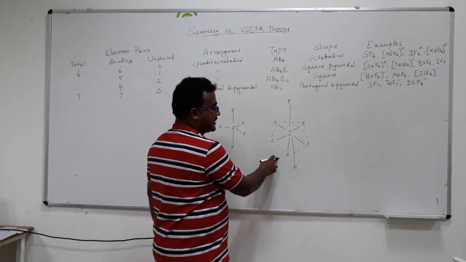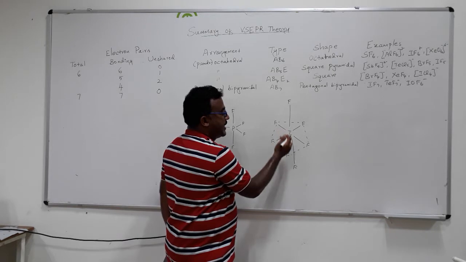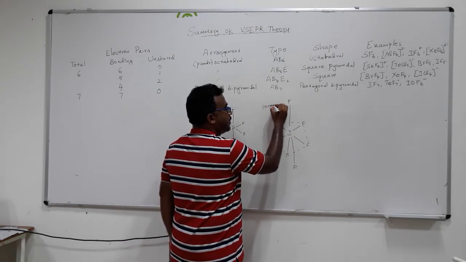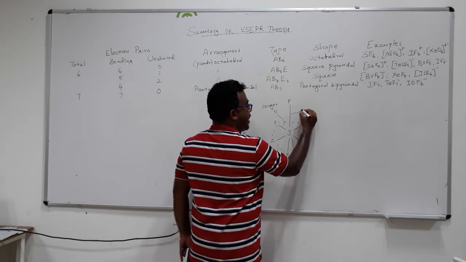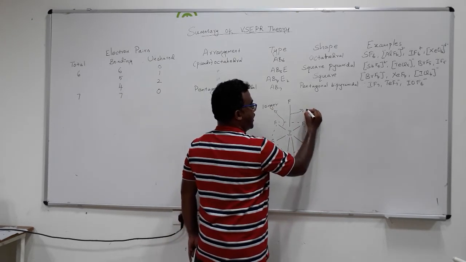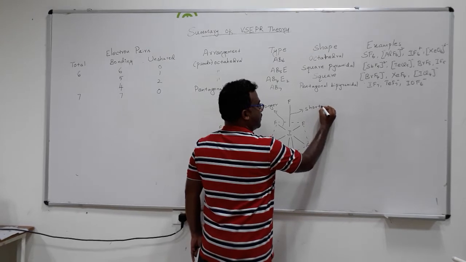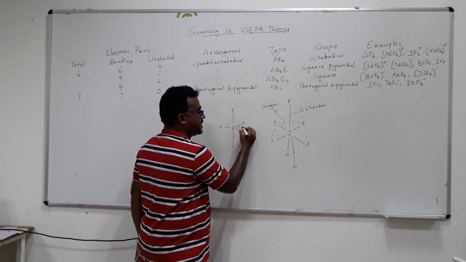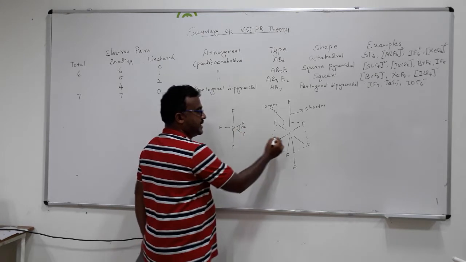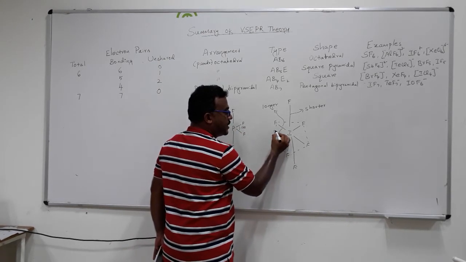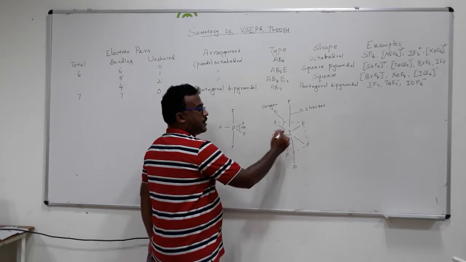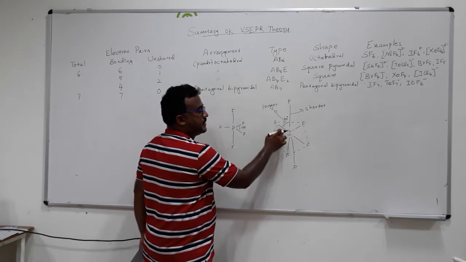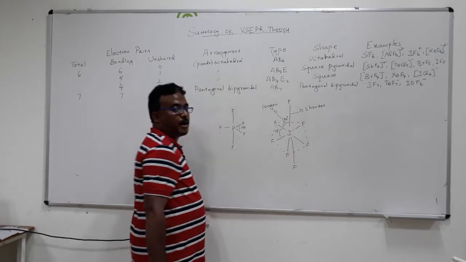But in this case, the equatorial I-F bond is longer, and the axial I-F bond is shorter. Why is it like that? Because in PF5 the bond angle is around 120 degrees, but in this case the bond angle is around 72 degrees, and here 90 degrees. So that's what happens, and this bond length is longer compared with this bond length.